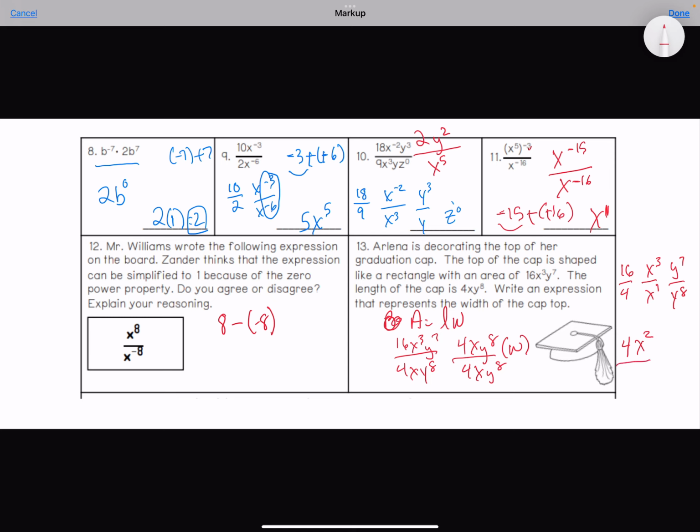So I have to put the y to the negative 1 on the bottom. So that is your answer to that one. And again, you can multiply to check your answer. Okay?